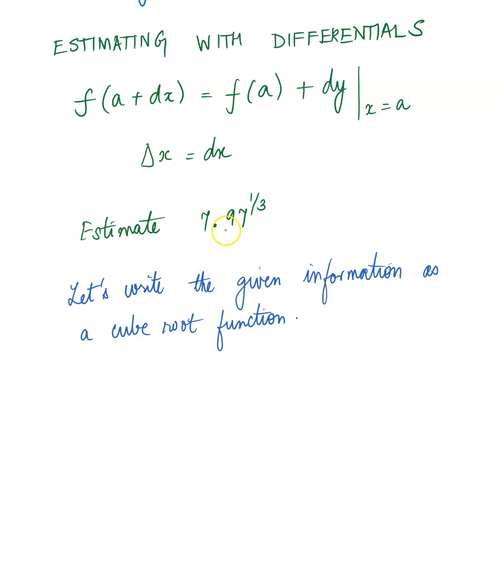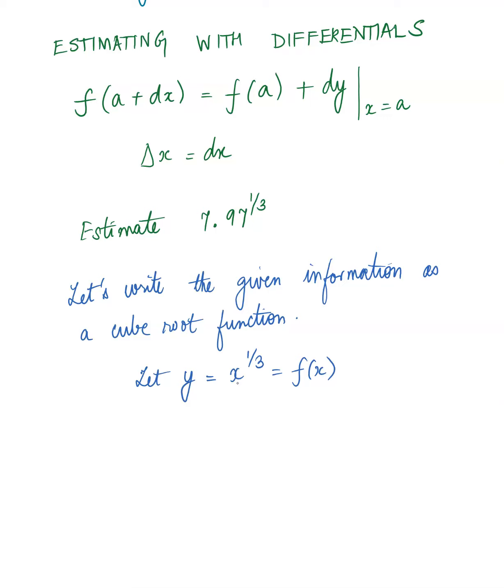So we have this 7.97, which is the problematic part, right? So we're going to say let y equal x power 1 over 3. I'm calling this a function, and we're trying to basically find the function. I can also write it as f of x equals x power 1 over 3. So this x is what is problematic, and we're going to use differentials there.